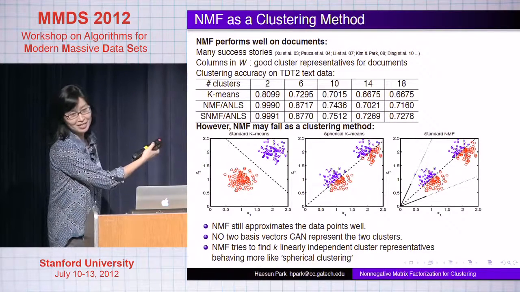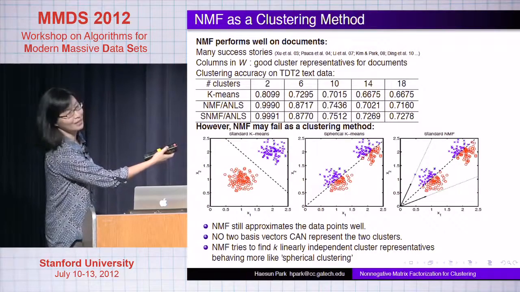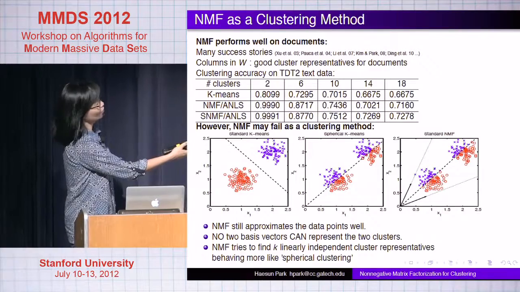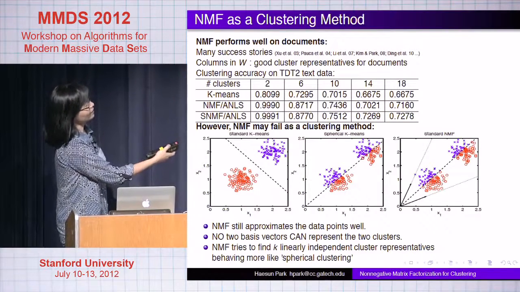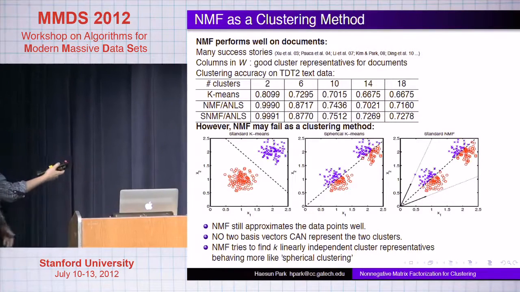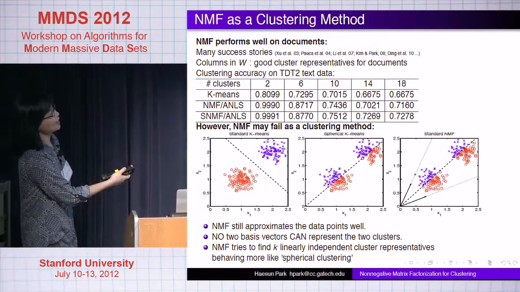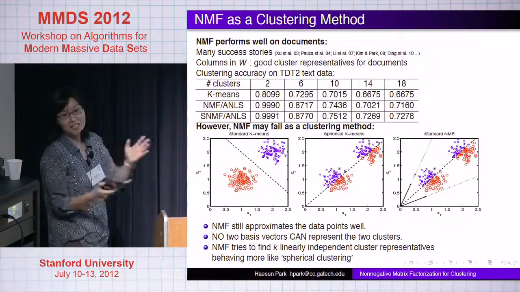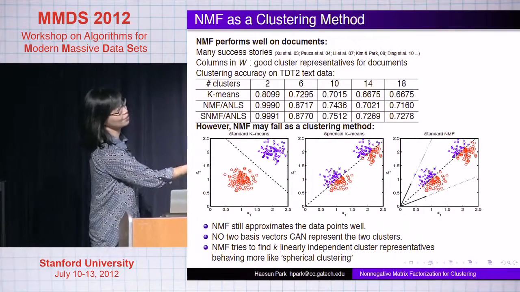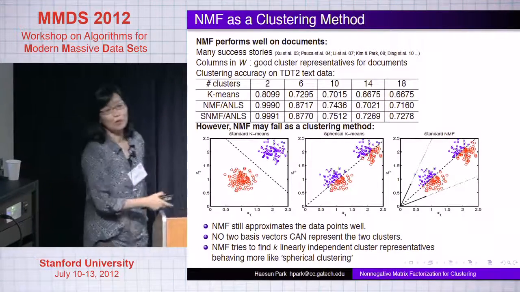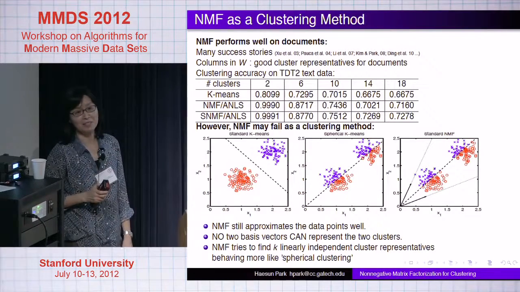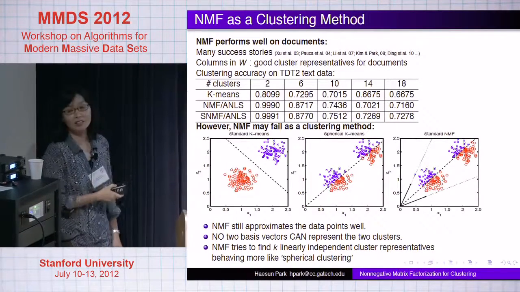They are the same vectors, so they're linearly dependent, and NMF cannot find them. NMF still approximates the data points well, but no 2 basis vectors can represent these 2 clusters in NMF. It tries to find 2 linearly independent vectors, so you will find these 2. So what we find out is NMF is not really behaving like K-means. It's really behaving like spherical K-means.